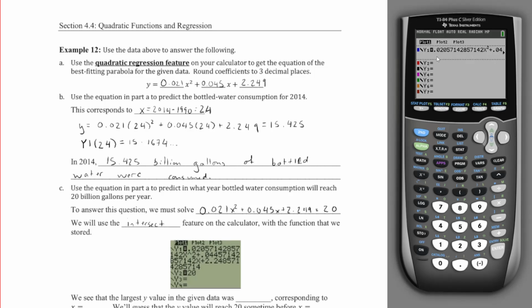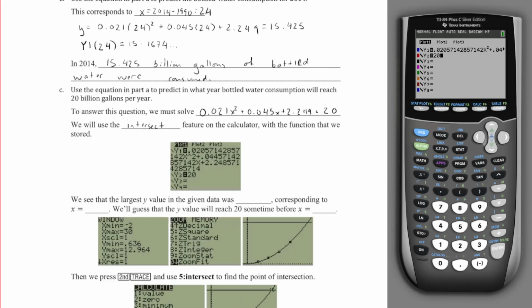So I already stored my equation. I'll say 20 for y2. Right, so y1 is my equation that I stored when I did the quadratic regression. Y2 is just the number I want it to equal. Okay, so let's look back at our data set.